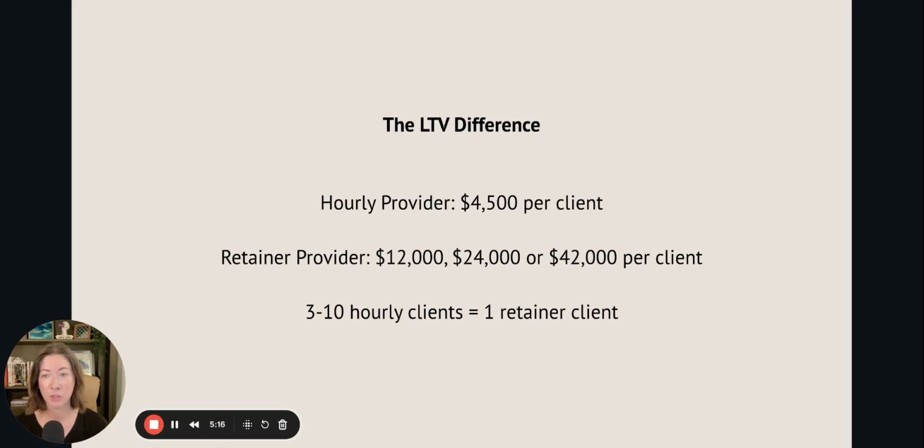But this could be someone who's also offering copywriting, design work, anyone doing hourly service. 75 feels like a spot that a lot of people aim for, and then they typically stay there for a while, right? But say you're at 75 bucks an hour, every client that comes through, if they stick around for 6 months, we're looking at a $4,500 per client LTV. And that's being generous in all honesty.